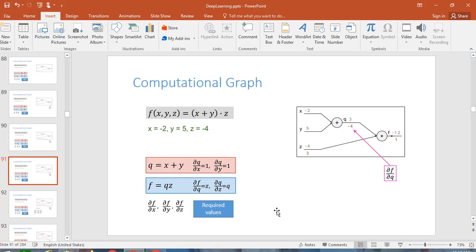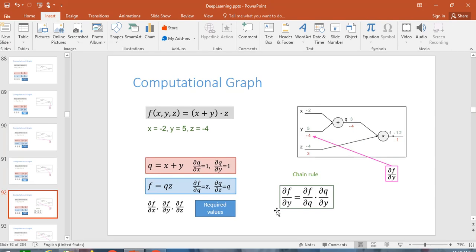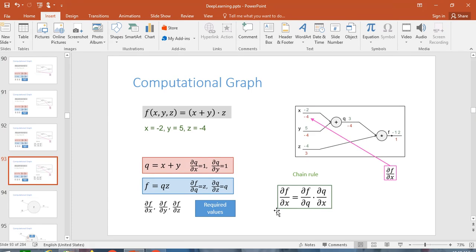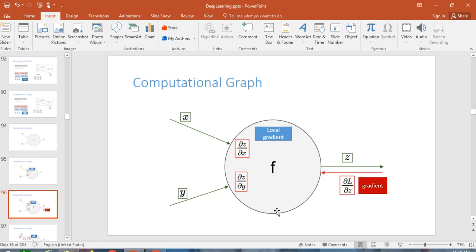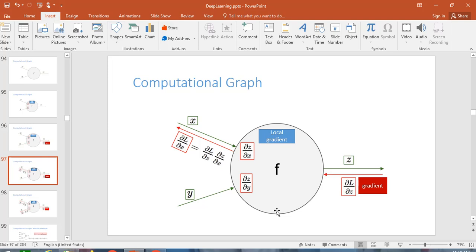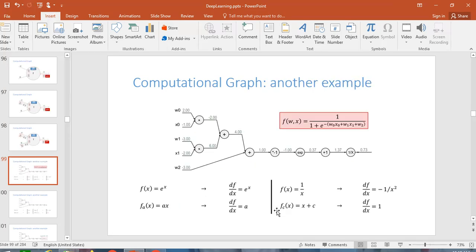The differential of the division of 1 by x becomes minus 1 divided by x to the second power. I multiply this by the local differential. It becomes the gradient relative to the output of this node.